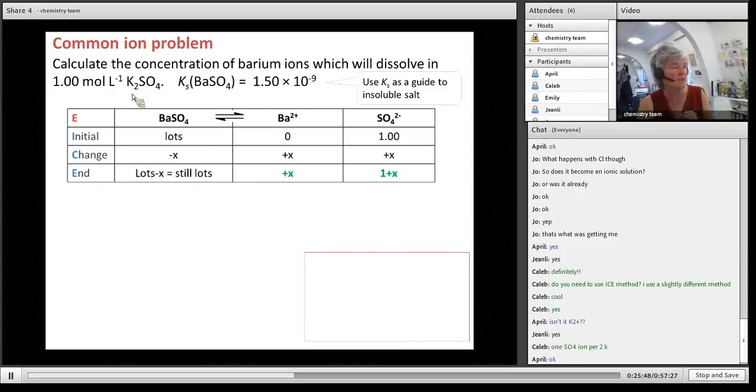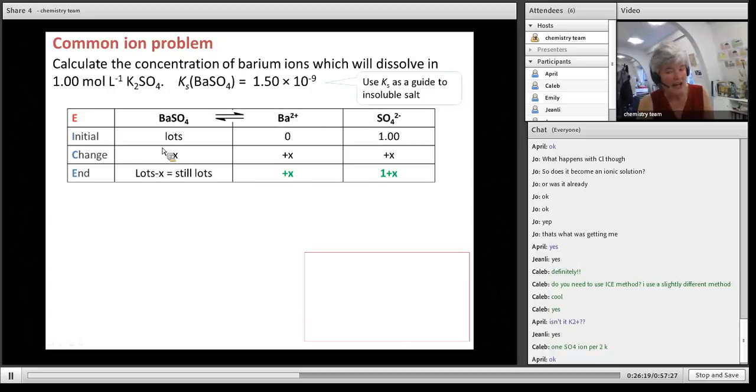Now with the change, so remember if these go backwards or forwards, both of these have to combine to go there, or if this dissolves, one of these will give one of those and one of those. So remember I added this as a solid. So when I put it into the solution, some of it's going to dissolve, so it's going to go towards the right.